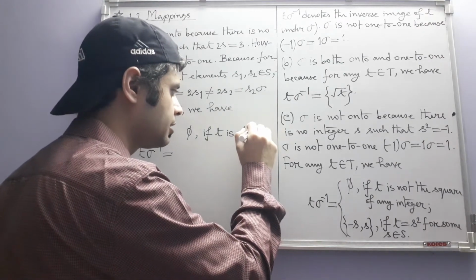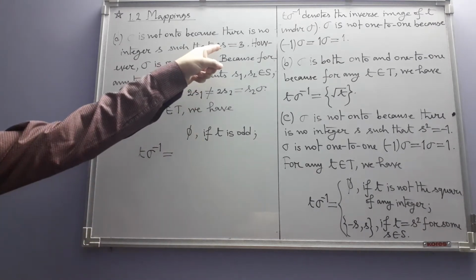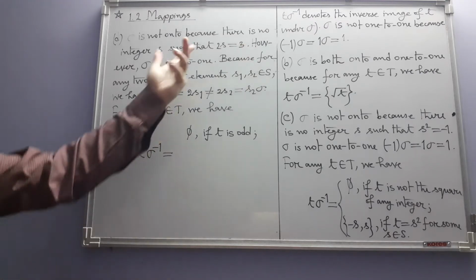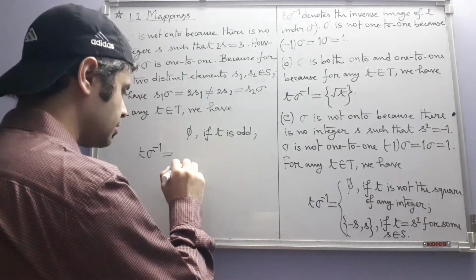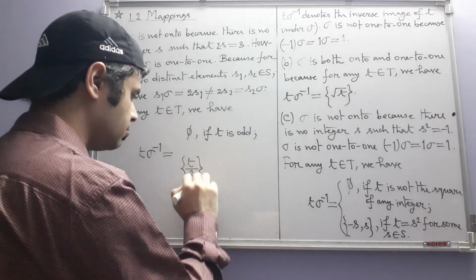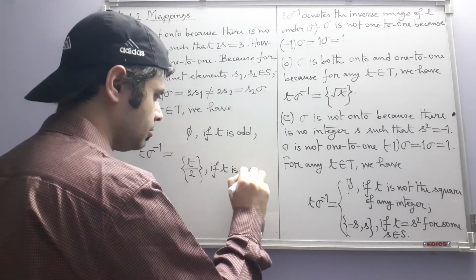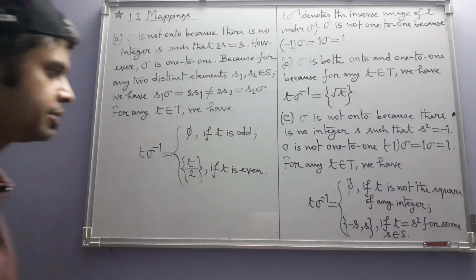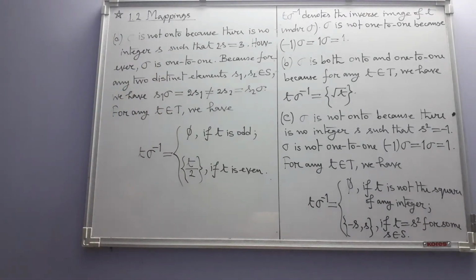So t will be either even or odd. If t is odd, then this is empty, just like here. 3 sigma inverse is empty. There is no s for which 2s is equal to 3. But if t is even, then the inverse image consists of this single element t by 2 if t is even. Okay, so this completes the solution. Now we go to the second one.